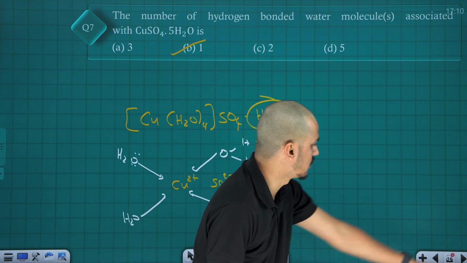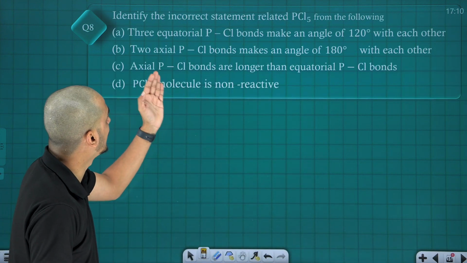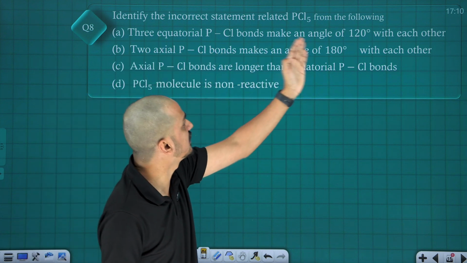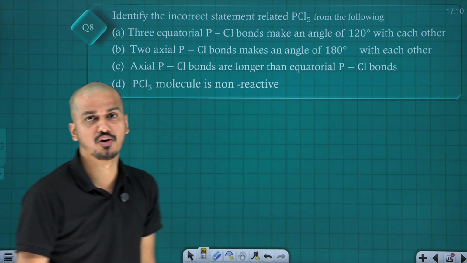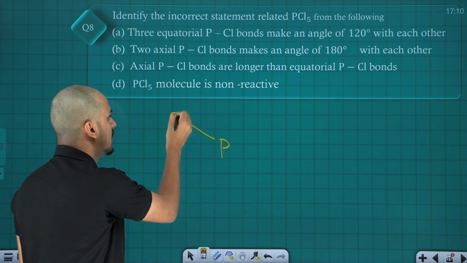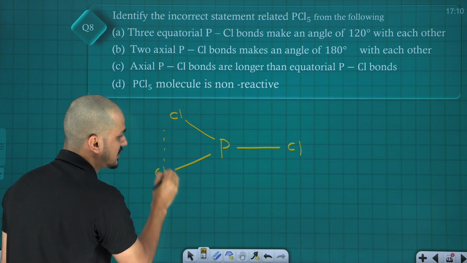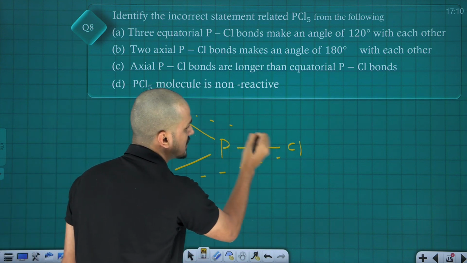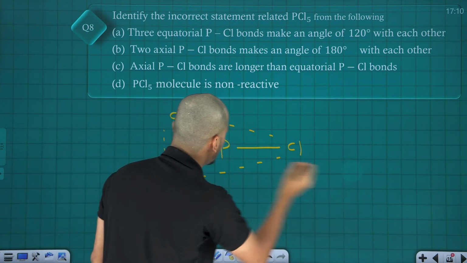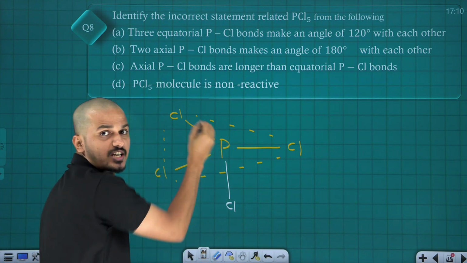Next question. Identify the incorrect statement related to PCl5 from the following. Whenever they talk about PCl5, we know the structure. P with Cl, Cl, Cl: these 3 PCl bonds are in the same plane, one Cl is projecting out and one Cl is projecting in.